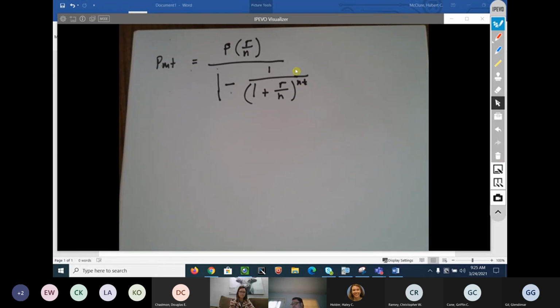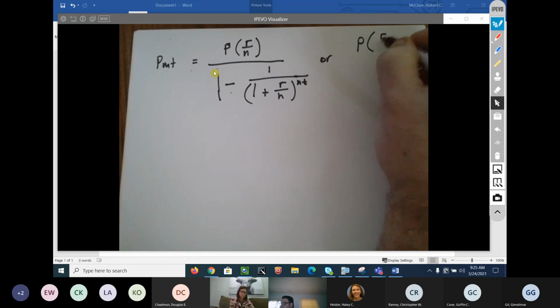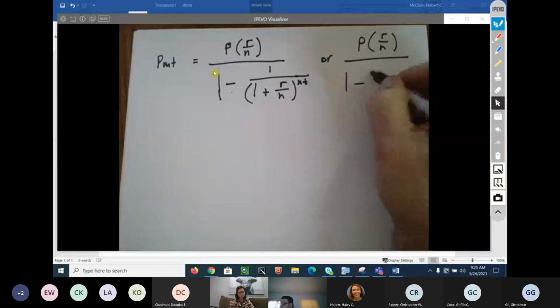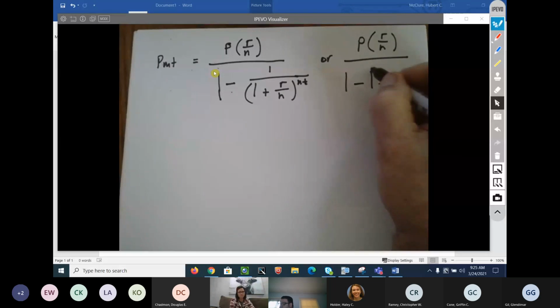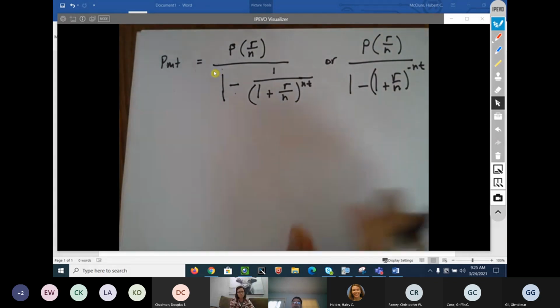You don't have to do that. So I could rewrite this as P times R over N over 1 minus 1 plus R over N raised to the negative NT power. Okay, so they're both the same. Doesn't matter how you do it.